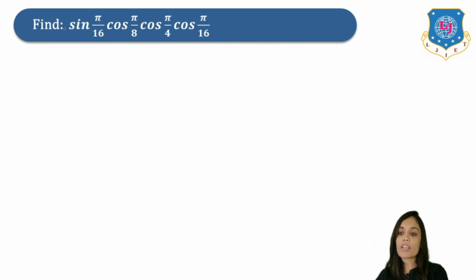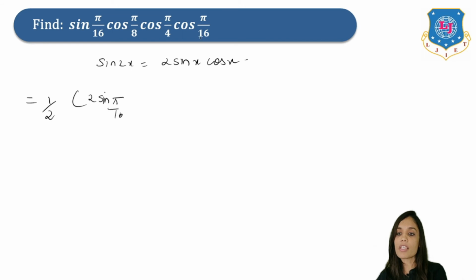So we have to find the value of this. Firstly, we know the formula of sine 2x, that is 2 sine x cos x. Fine. So what I will do, just multiply and divide by 2. So we can write this as 2 sine pi by 16, bring this together, cos pi by 16.